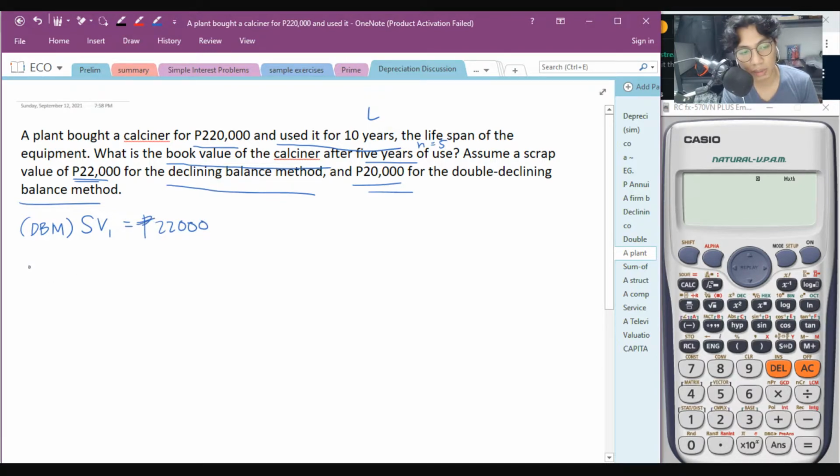The salvage value now for double declining balance method is 20,000 pesos. Ngayon hahanapin natin yung kanilang book value. So the book value 1 and then the book value 2. Now, let's go here. Dito muna tayo sa letter A. For the book value, hanapin natin.